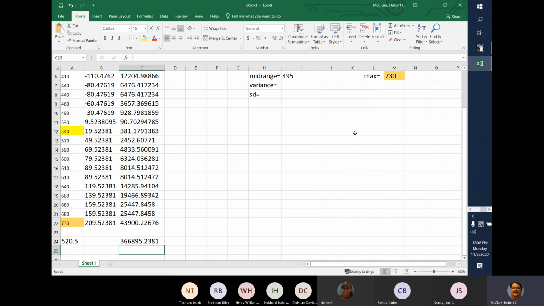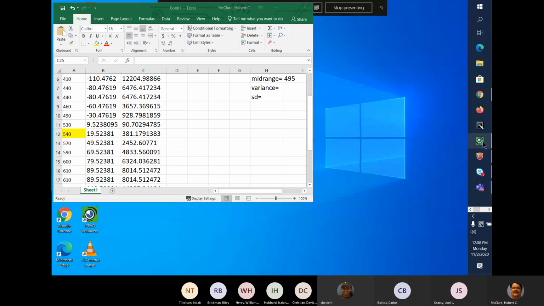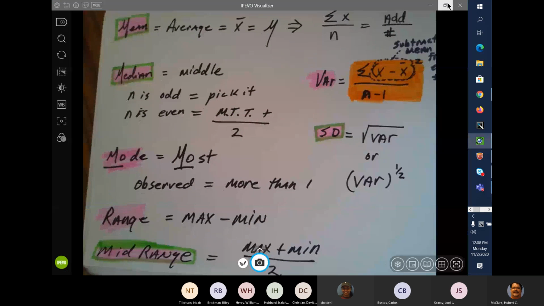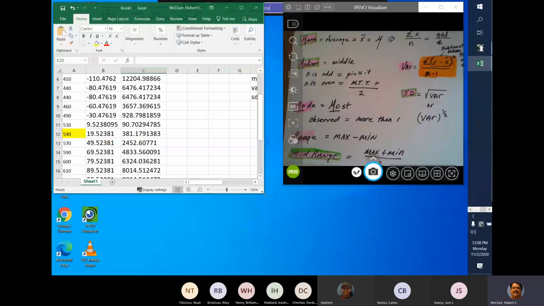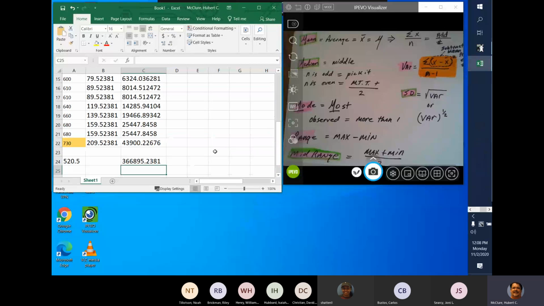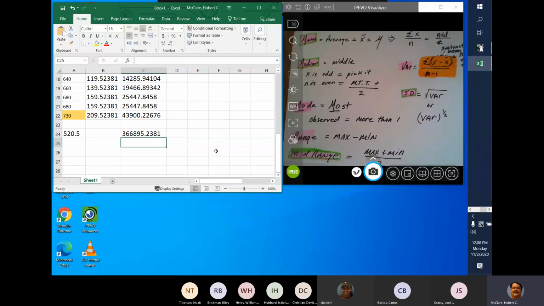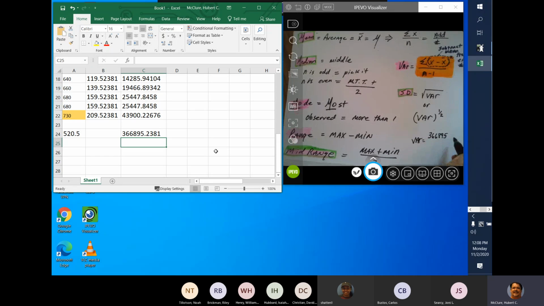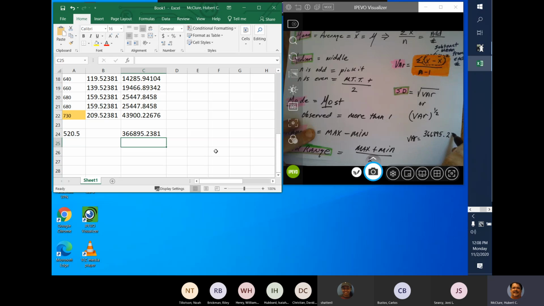So if I was to go back to the formula and calculate it by hand, then the variance is equal to 366,895.2381. That's your numerator.